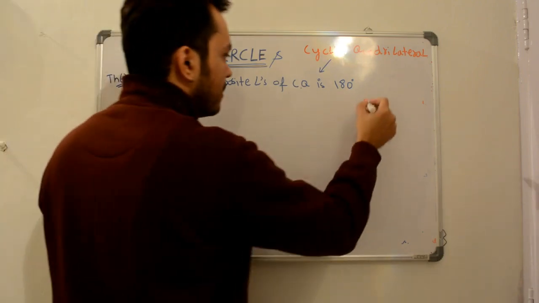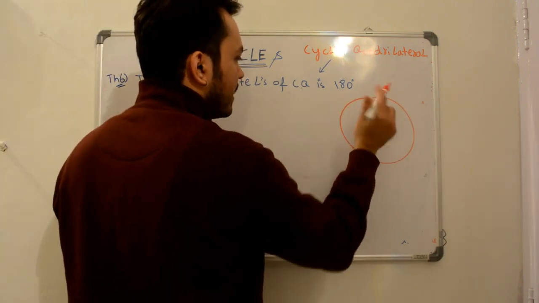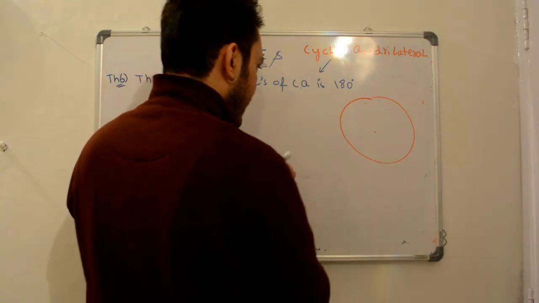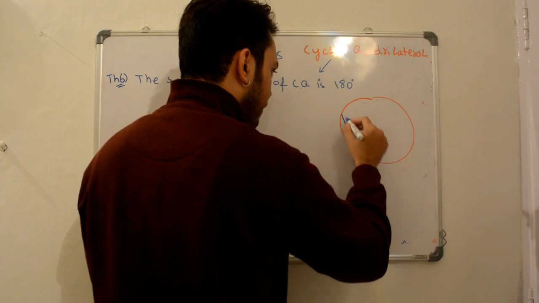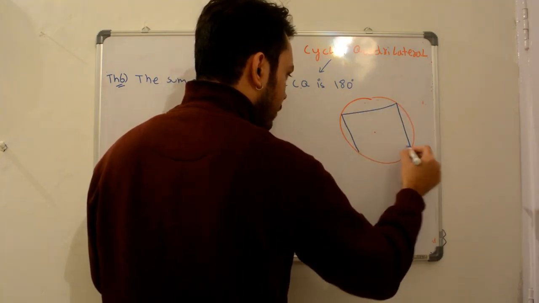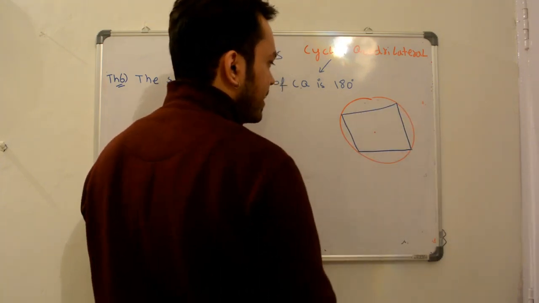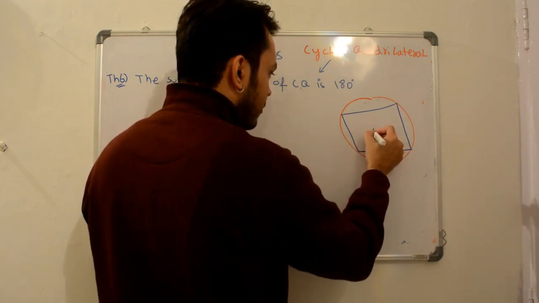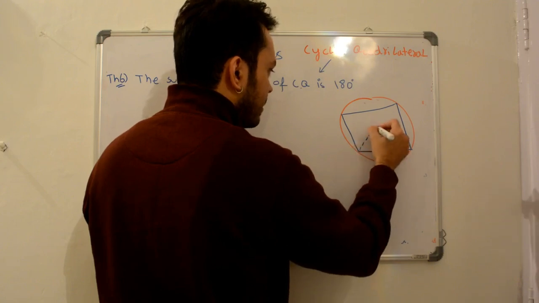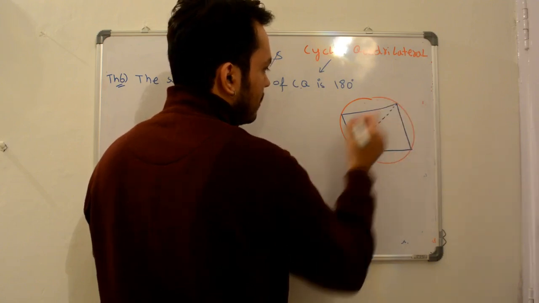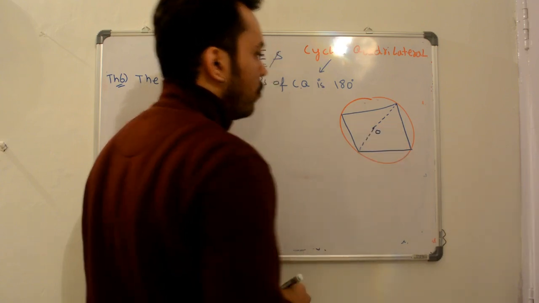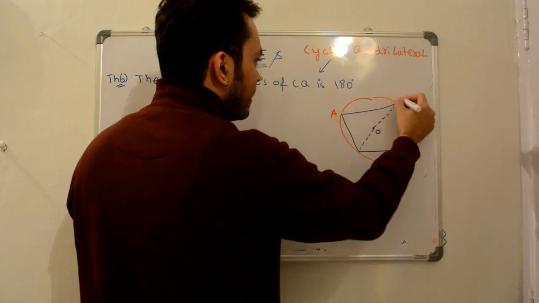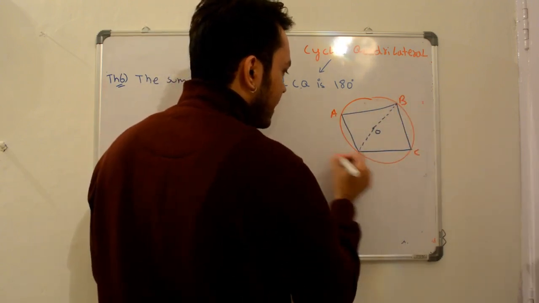So again I make a circle, right, with center O, and I make a cyclic quadrilateral inside it, something like this, right? And I join the points. O will come somewhere here, so I'll join like this and this. This is our point O. Let me name all the vertices A, B, C and D.